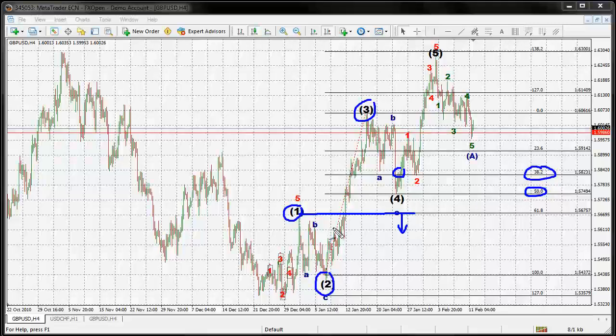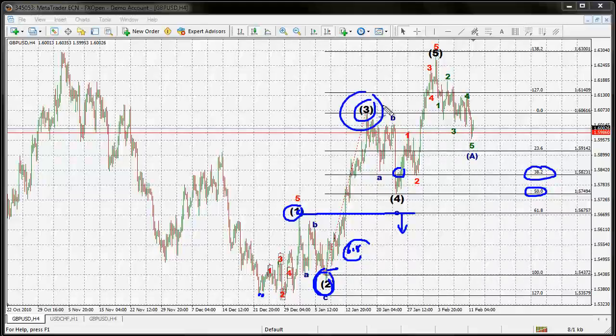Plus, this came down to approximately the 61.8% we were looking for, which was the reversal we were intending to see. Then I calculated 161.8% from this distance to that distance and added it to the wave 2 projection. I took this distance, calculated 61.8, put my marker in, and to work out wave 3, I took this distance to this distance and added it to this one here to give me wave 3.